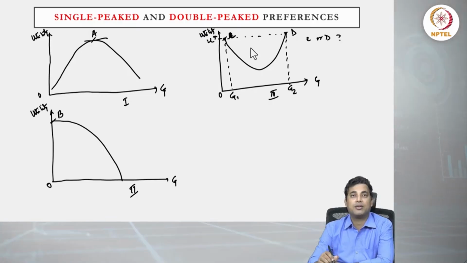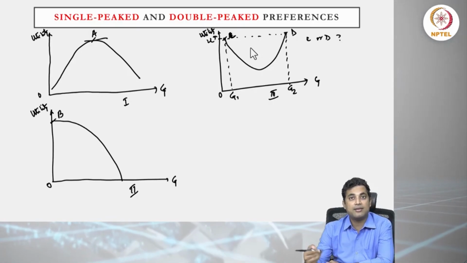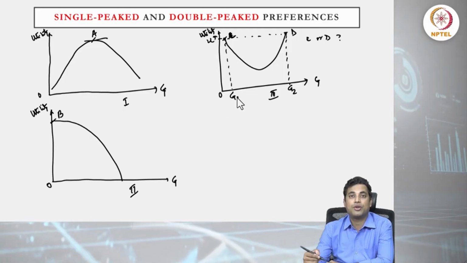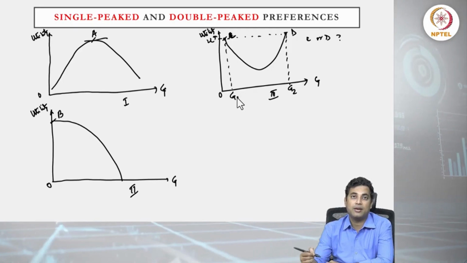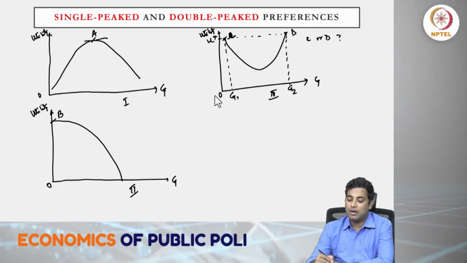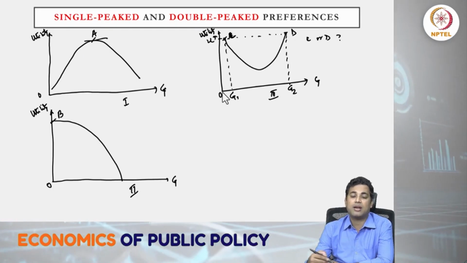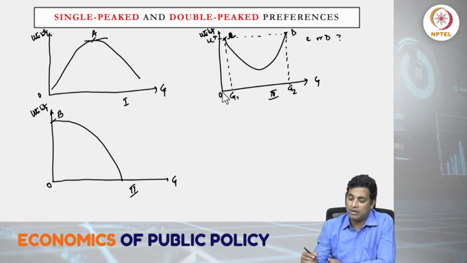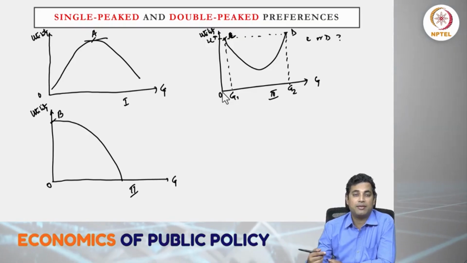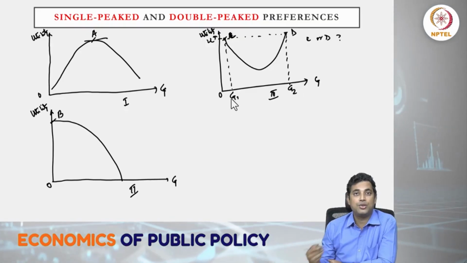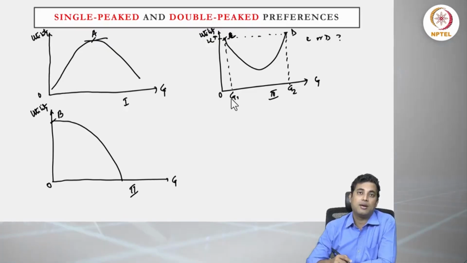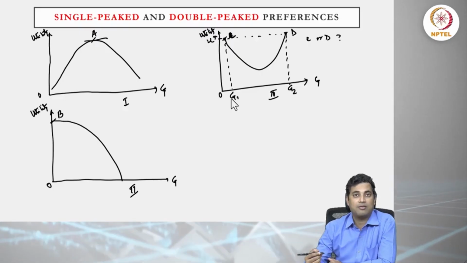Which point gives the highest level of utility? At C there is less demand for public goods, which means less government expenditure. At OG2 the demand for public goods is much higher, and therefore OG2 government expenditure is much higher than OG1. But at D we again get the highest level of utility.